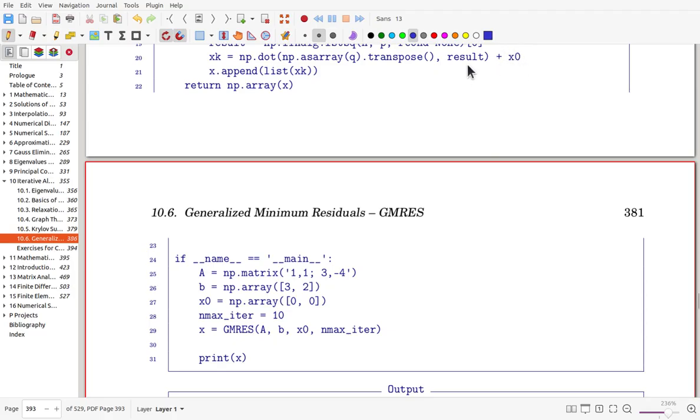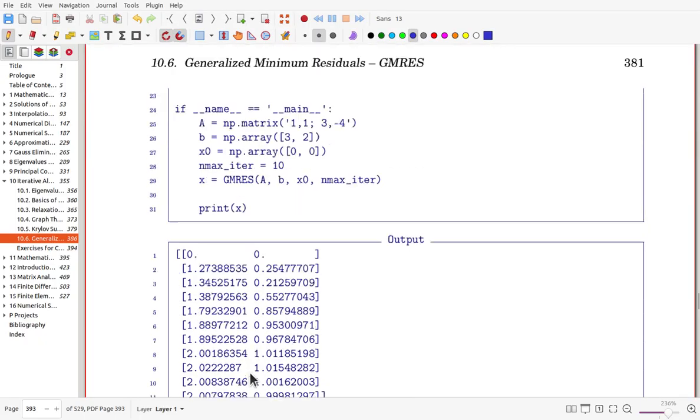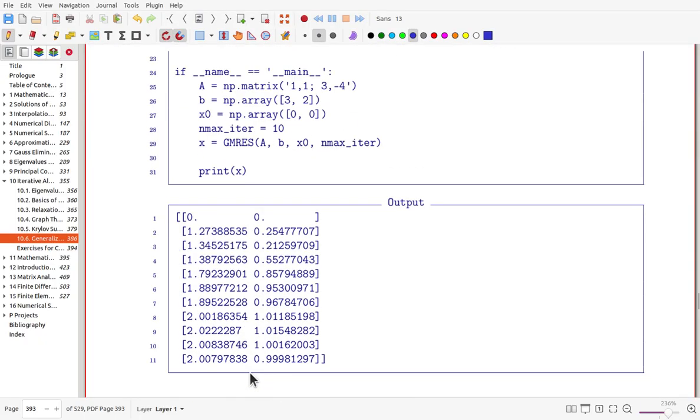However, this is a new form of implementation. I start with 0, 0, and after 10 iterations I get the iterates. Okay, let's see the output. That's the initialization, and then after 10 iterations we reach this one. The true solution is 2 and 1, and so it is approaching 2 and 1.